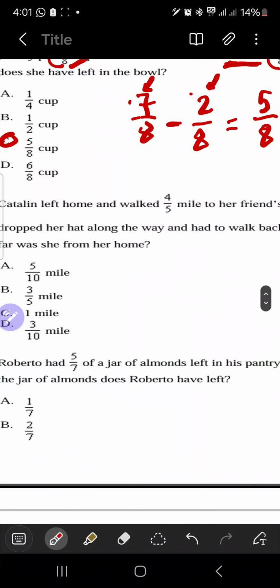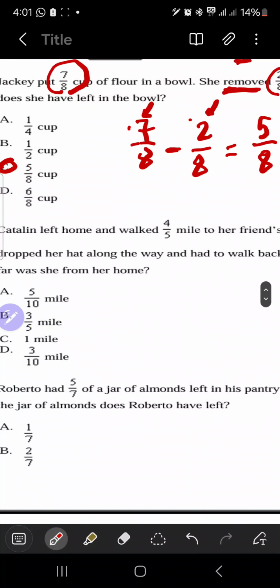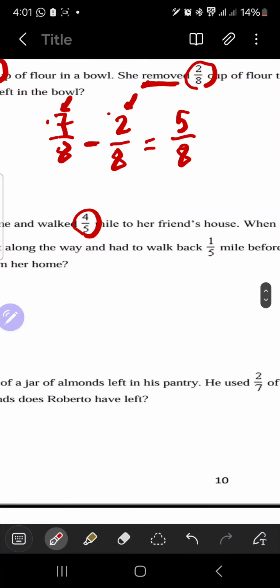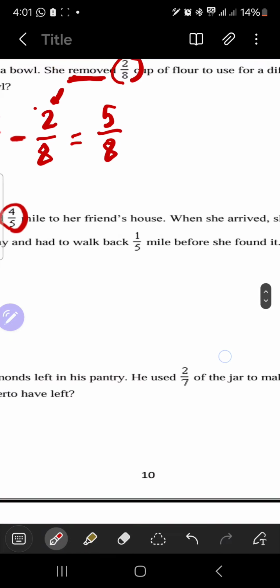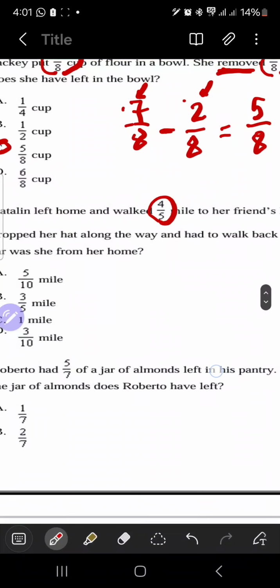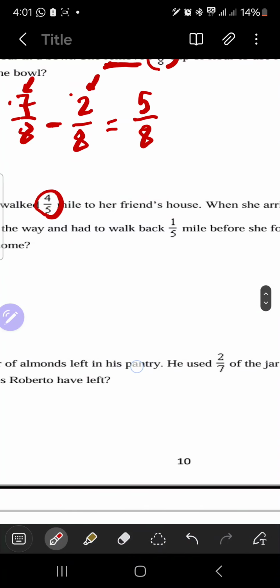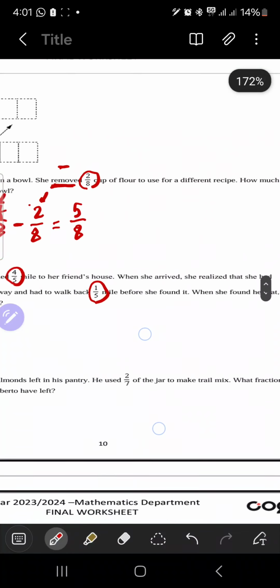The next example is a little bit more thinking. Here Catalan left home and walked 4/5 mile to her friend's house. When she arrived, she realized that she had dropped her hat along the way, like 1/5 from home.